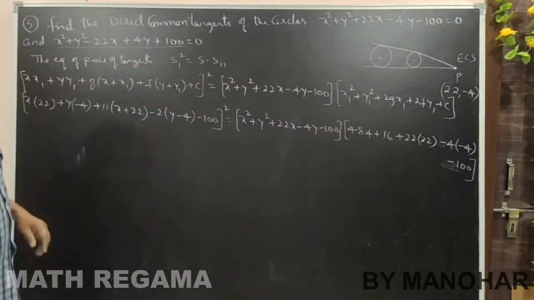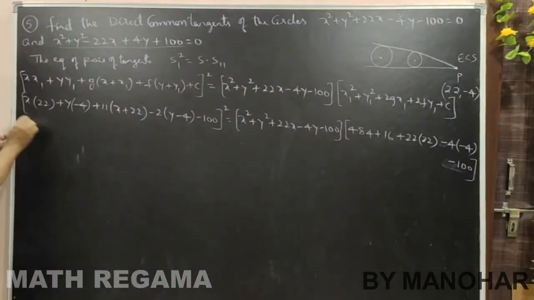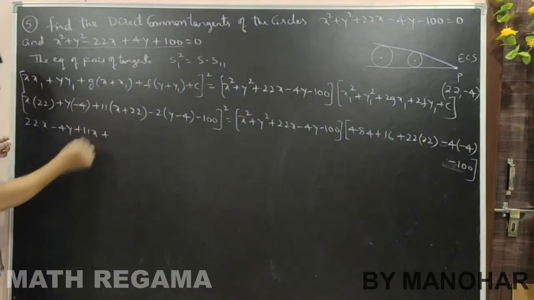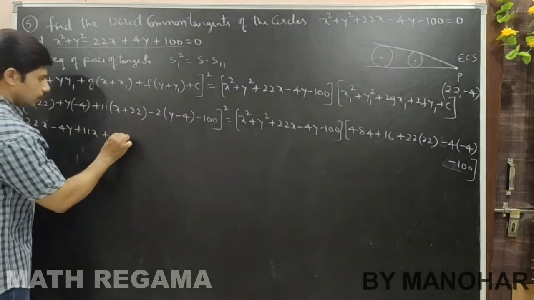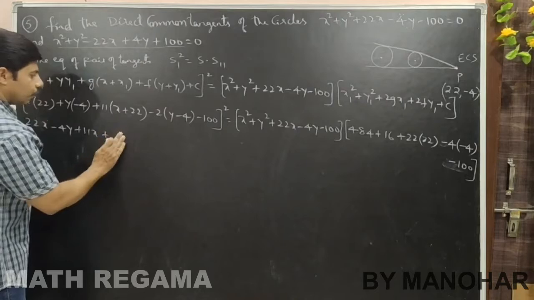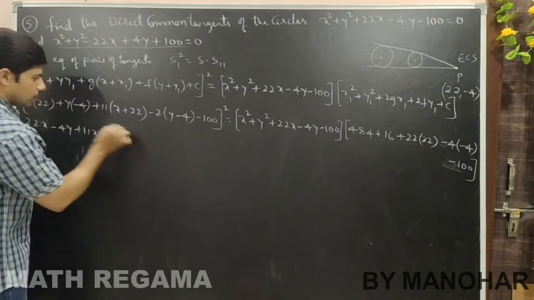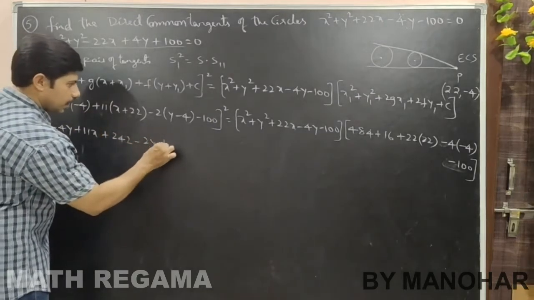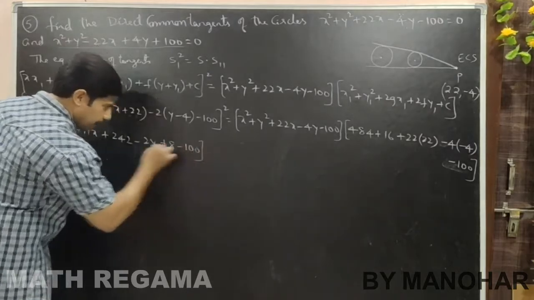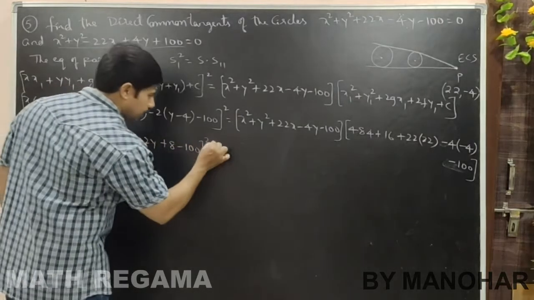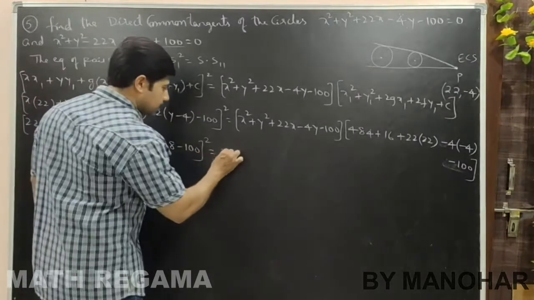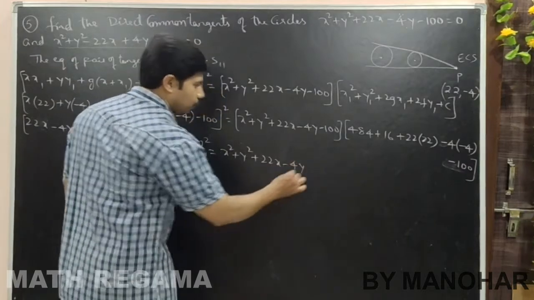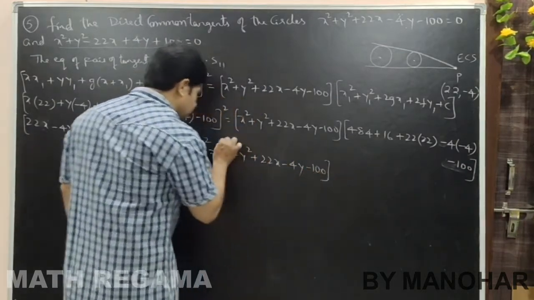Now we'll simplify this. So that is, we get 22x minus 4y plus 11x plus 22 into 11. We get 242. Okay, 11 2s are 22, 22 plus 2, 24. Minus 2y plus 8 minus 100 whole square is equal to x square plus y square plus 22x minus 4y minus 100 into.